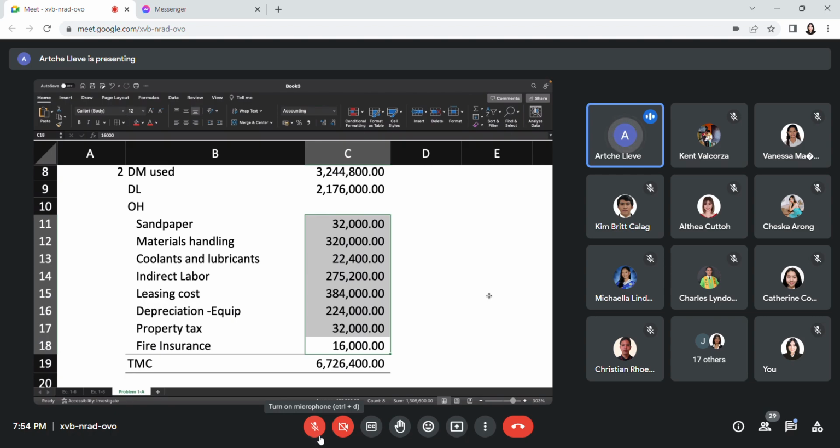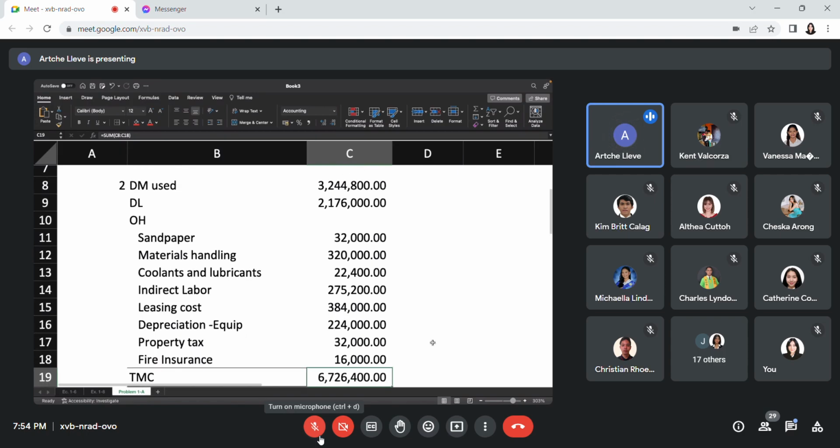So total manufacturing cost should be 6,726,400. Okay? Any questions so far?